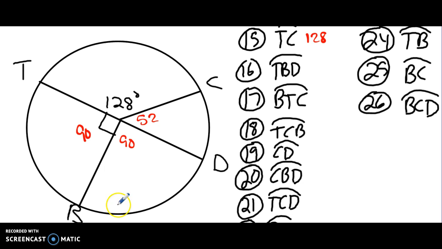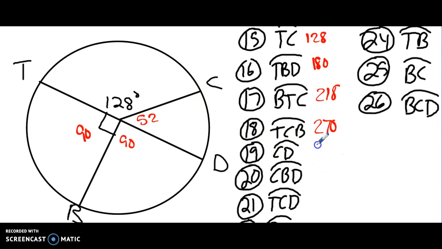T, B, D. That one's going to be half of the circle, so that's 180. B, T, C, 128 plus 90 is 218. T, C, B. That's everything except for this 90 degrees here, so that's 270.